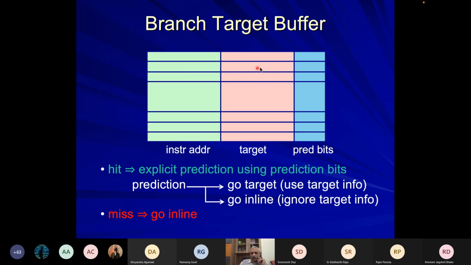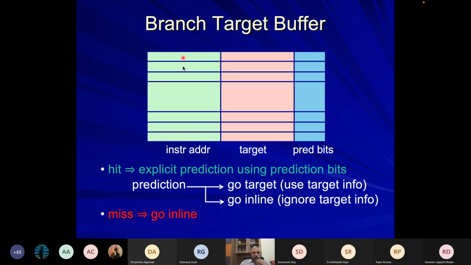Next is the target address, and then there are prediction bits. If you have that 4-state FSM, then you need to remember 2 bits. Its state is remembered in the form of 2 bits. You look up these 2 bits, decide the next state, and replace those 2 bits with the next state, and so on.